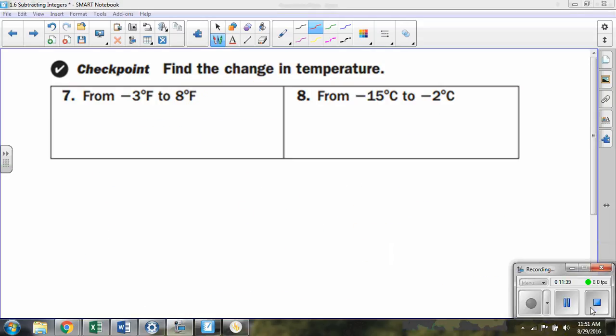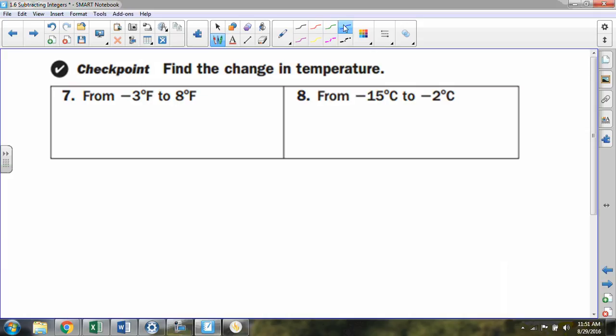Okay, so let's do the 2 last pieces here. What is the change in temperature from -3 to +8? We know it's going to be the ending value minus the starting value.